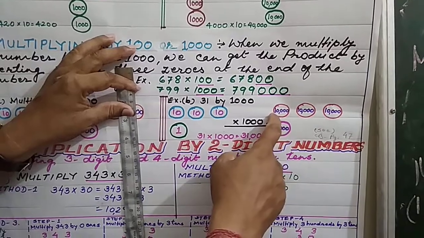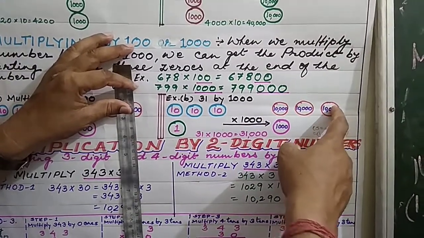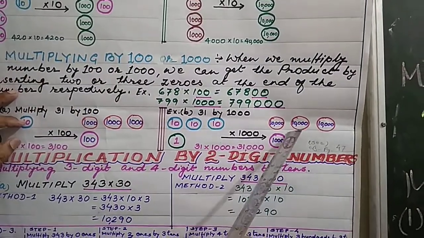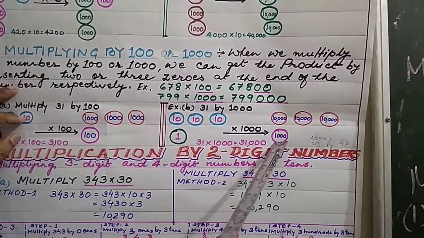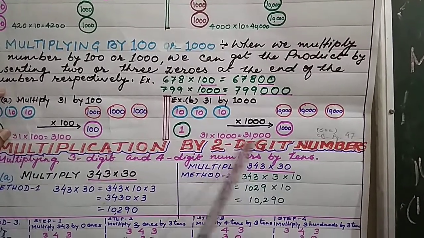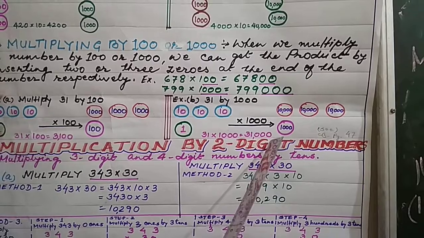So 10,000, 10,000, 10,000, when added, become 30,000, and here 1000, so 31,000. So 31 into 1000, the result is 31,000. Clear?